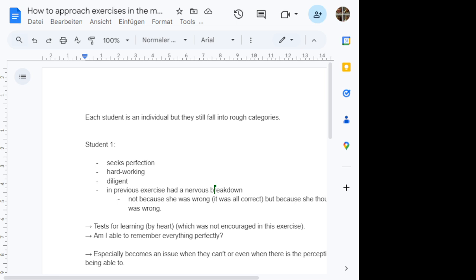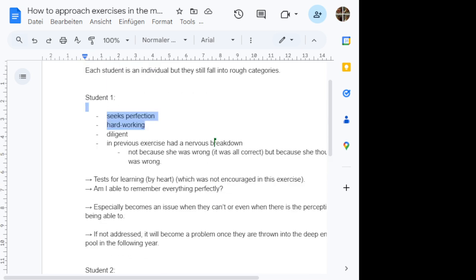She picks that up very much culturally. It wasn't even wrong, and she simply thought it was wrong, and that was enough to make it hard on her.